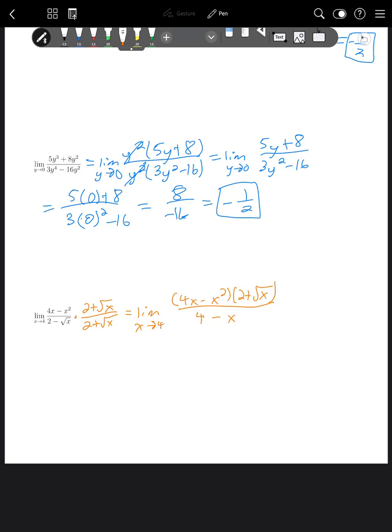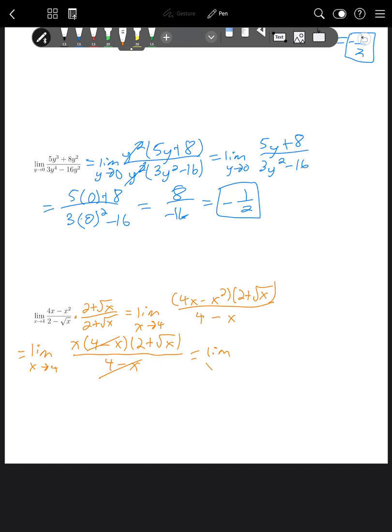And at the moment, we're still in trouble for this one because the denominator would still be 0 if I plug in 4. But if we factor on top, we can actually factor out an x, right? So that's x times (4 minus x) times (2 plus the square root of x) over 4 minus x, and now the 4 minus x is canceled.